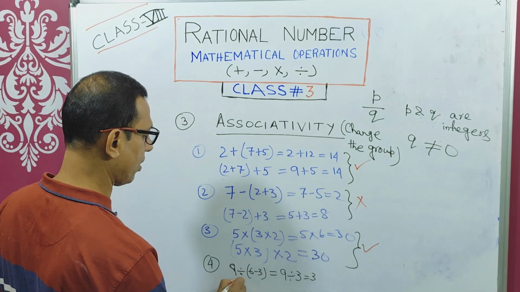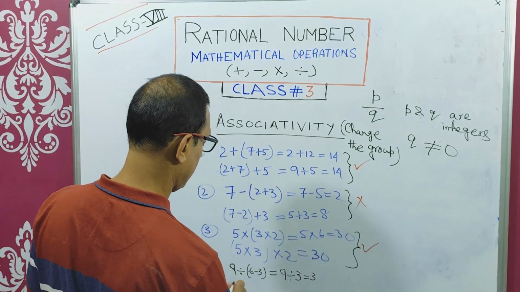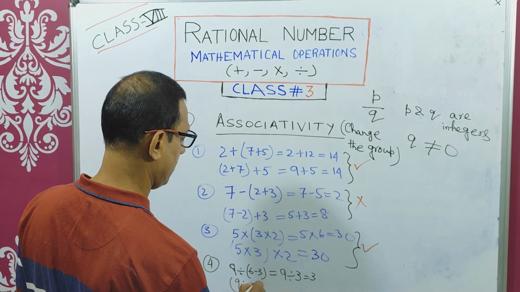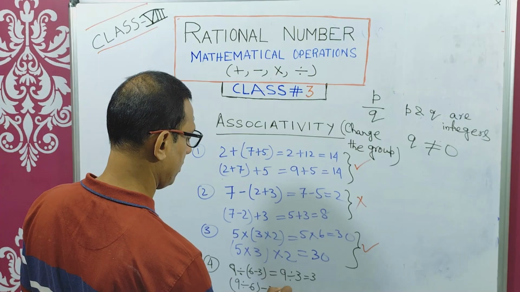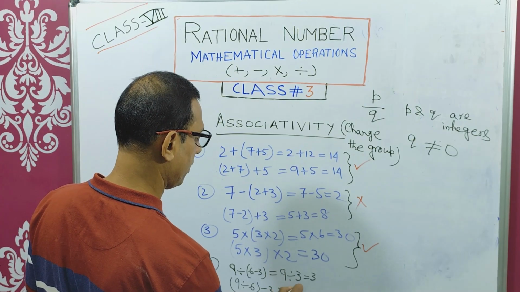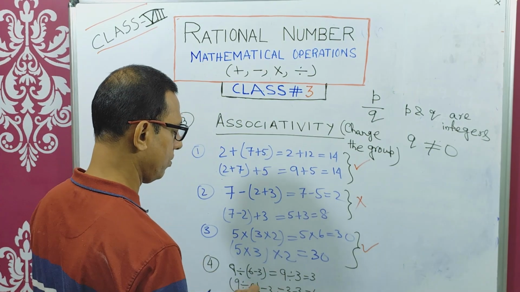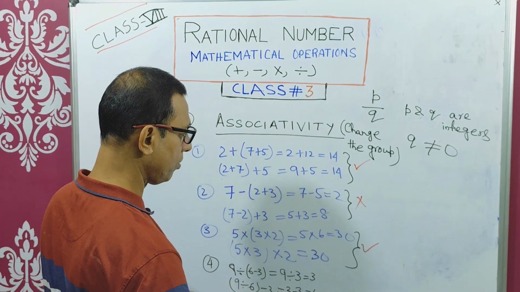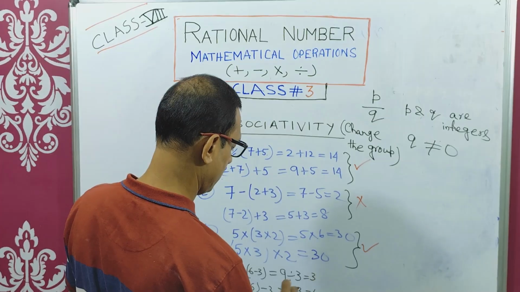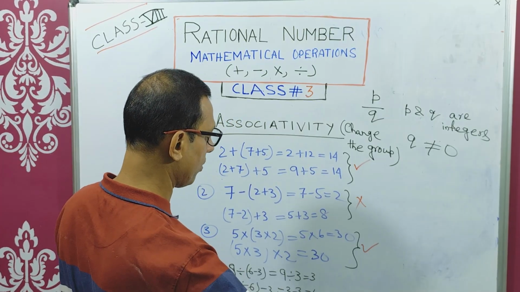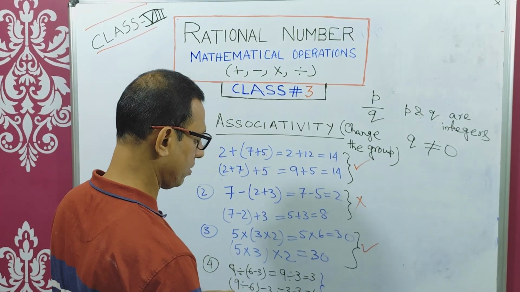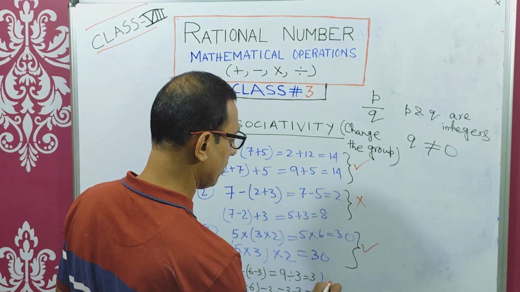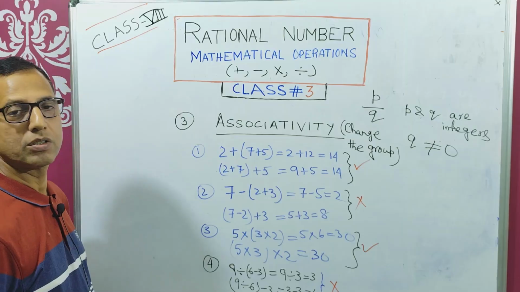Now if you change the order, 9 divided by 6 minus 3, that means 3 minus 3 equals 0. So if you change the order for division, it changes the result.